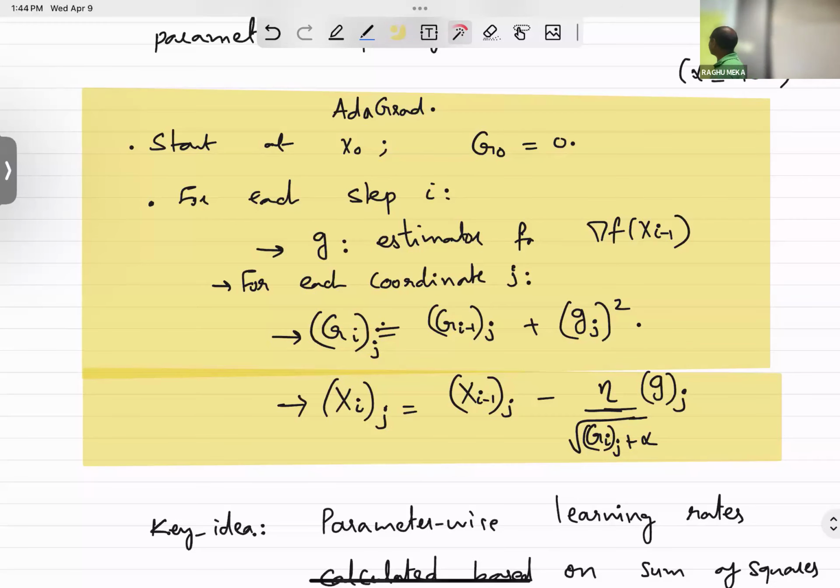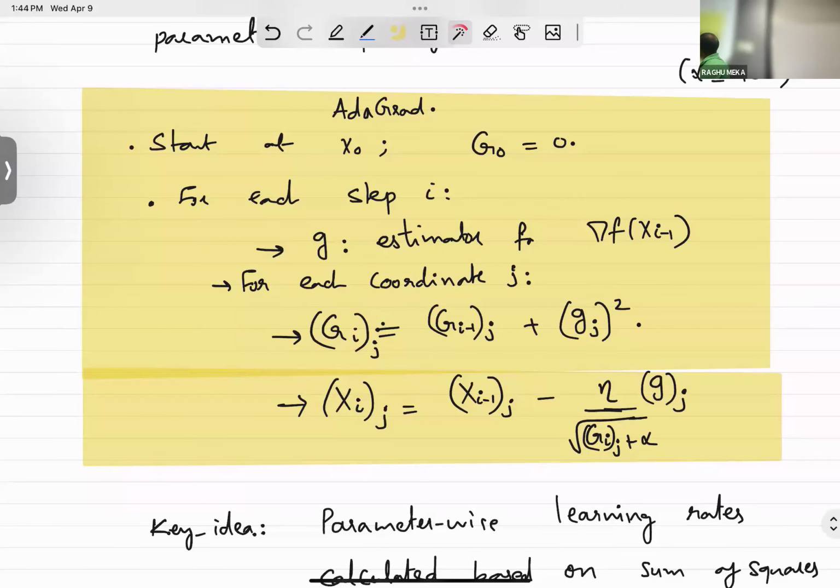The first one is that it's still a little too conservative. Over time, your step sizes become way too small because I'm looking at all of the squares of the gradients in each coordinate, and adding them all up. So every time I add something, and then take the square root of this, over time my step sizes might become too small.